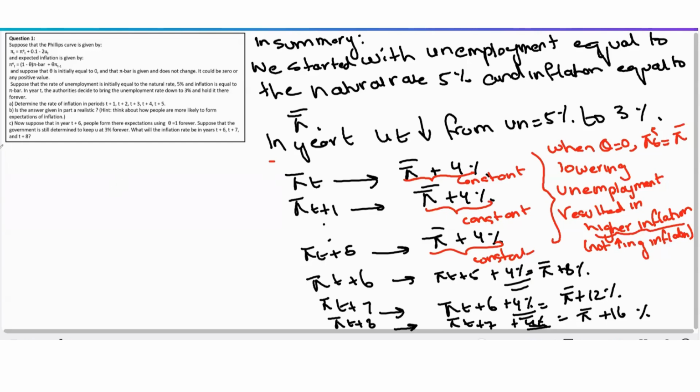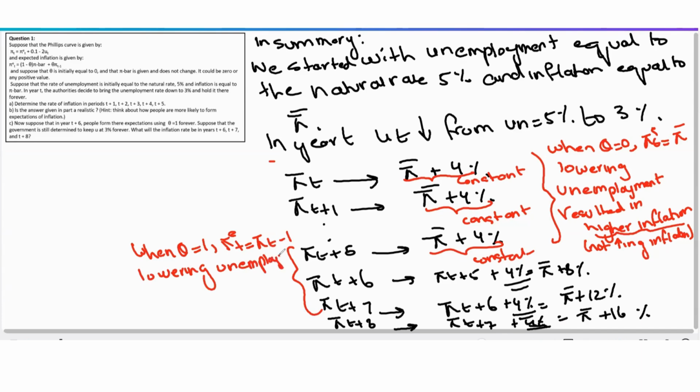So we saw that when theta is equal to 1, pi T is equal to pi T minus 1 plus the increase, and lowering unemployment resulted in increasing inflation.